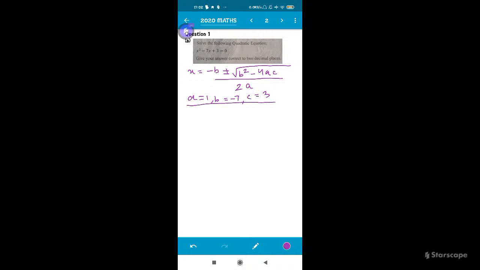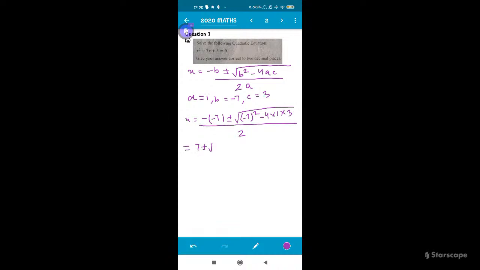You can skip this step, but for the students who find it a little difficult to understand what is a, what is b and what is c, you can use this step. So now x will be equal to minus of minus 7 plus minus root over b square, that means minus 7 square minus 4 into 1 into 3, divided by 2a, that means 2 into 1, or you can directly write 2. So let's solve it further.